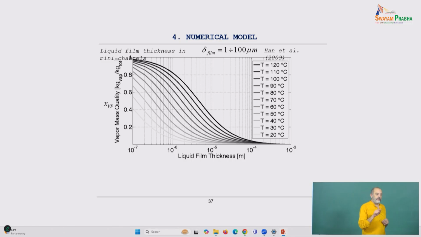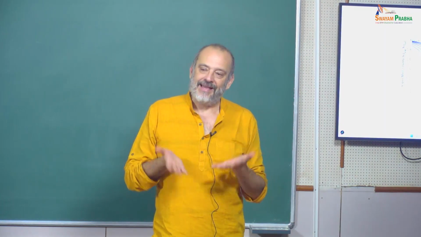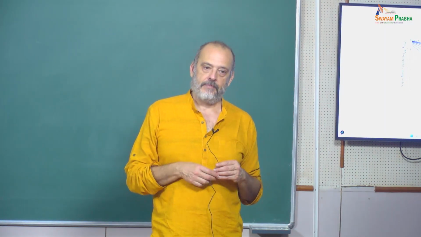He implemented already the liquid film thickness and with the right dynamics, so with the waves and so on. He wrote a very nice paper in Journal of Fluid Mechanics about that. And in fact, he observed that without considering the liquid film dynamics, you are going to be inaccurate.